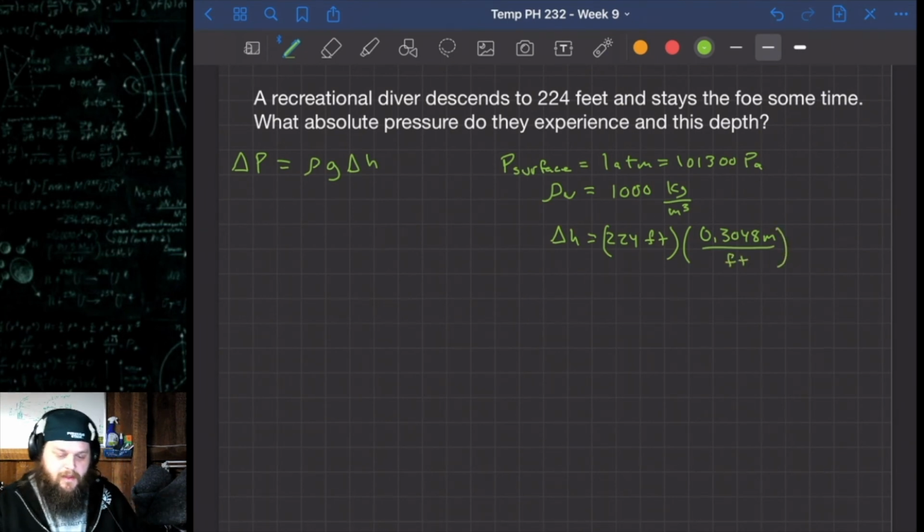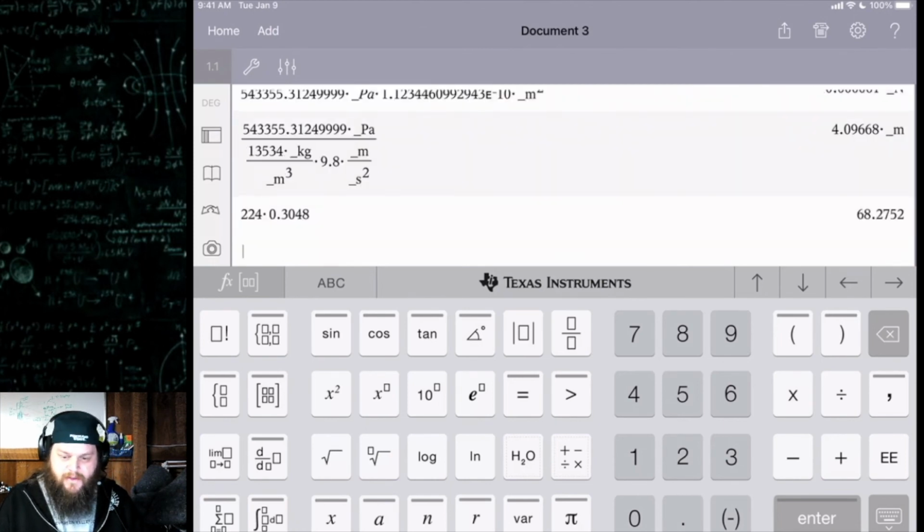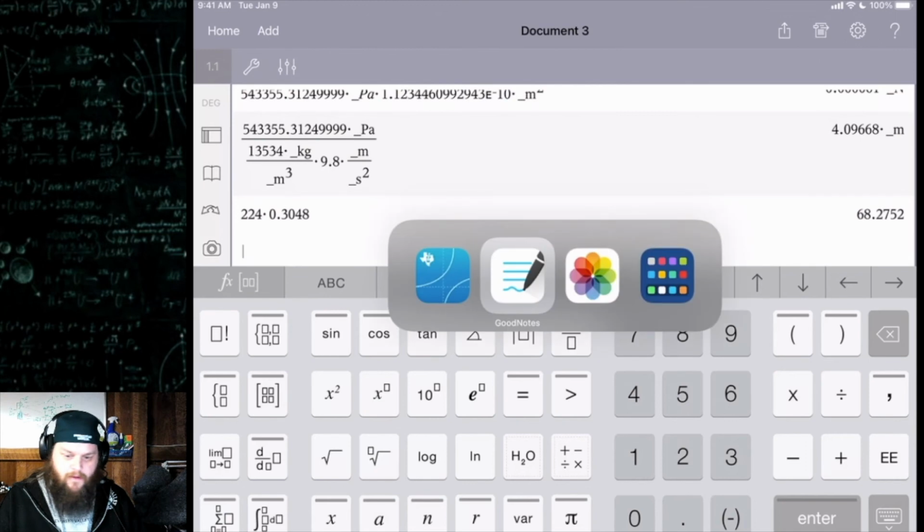Let's see what we get there, making sure we cancel out the feet and get to meters. So 224 feet times 0.3048 meters per foot gives me 68.28 meters.